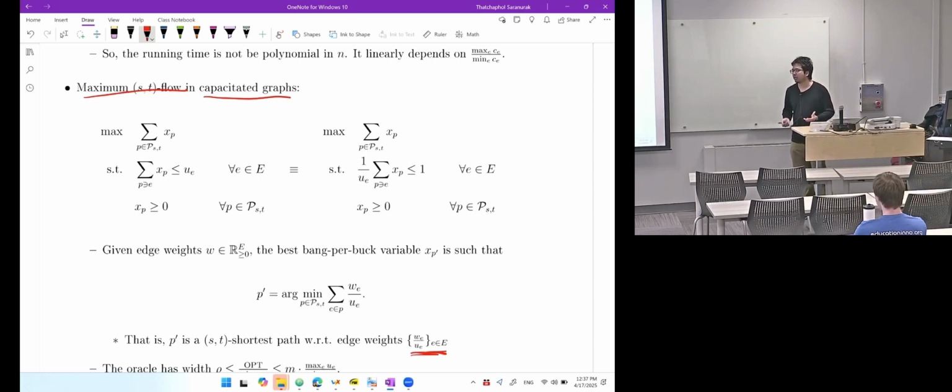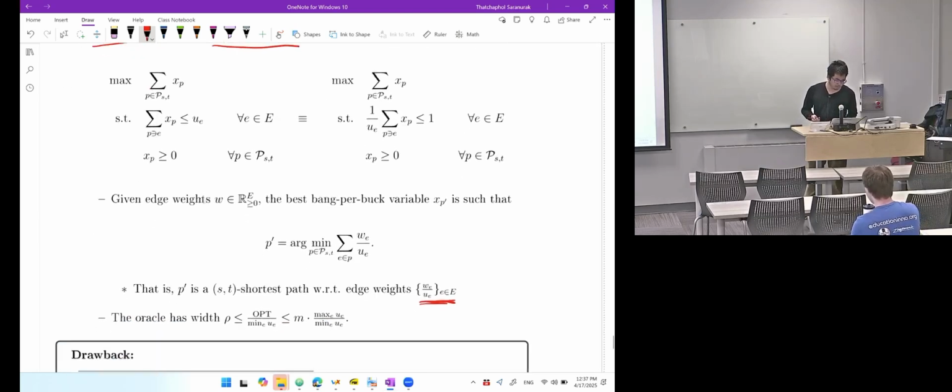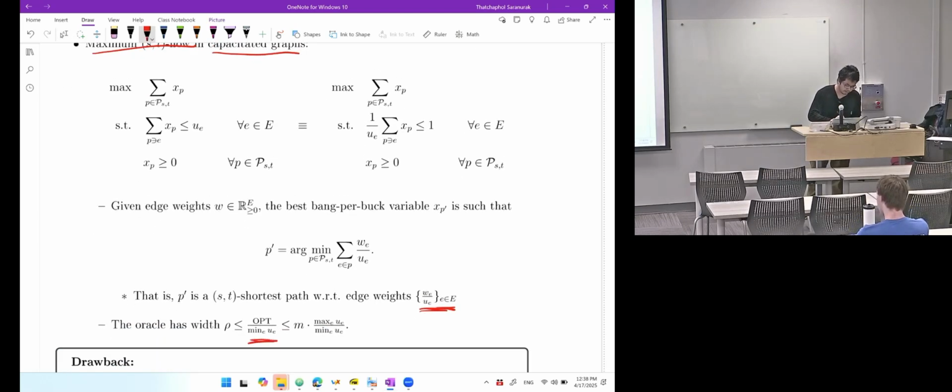But you now need to analyze the width. If you look at the width, you're going to get something similar to before: it's going to be at most opt times this thing. You can bound opt of max flow by at most m times the max capacity, which is a trivial way to bound opt.